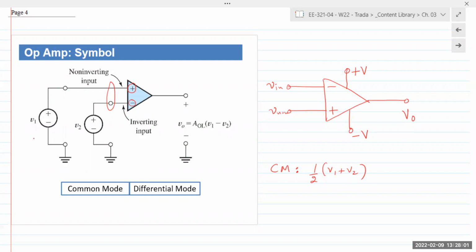And when it's differential mode, it simply means the difference between the two terminals, so it's V1 minus V2. The non-inverting input minus the inverting input. You're still adding them up, but the inverting input is minus. And so it's V1 minus V2.